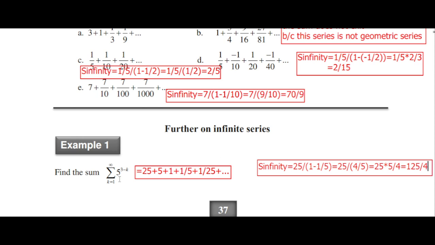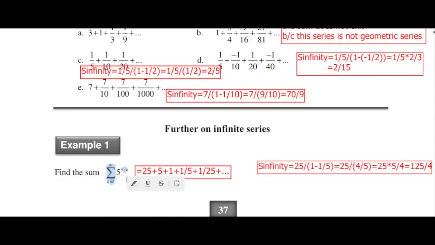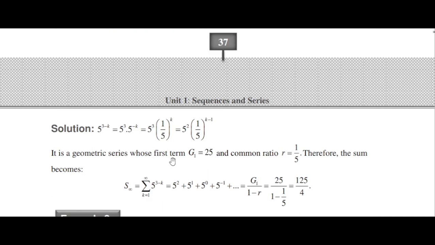This is the infinite sum for this geometric infinite series. Let's cross-check it here. It is a geometric series whose first term is 25 and common ratio r is 1 over 5, therefore the sum is a over 1 minus r, with r equal to 1 over 5. After computing this we get 125 over 4.